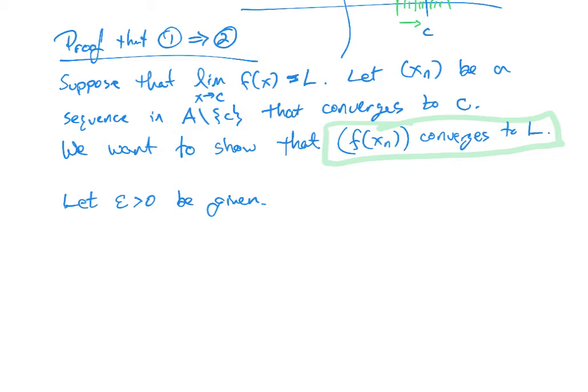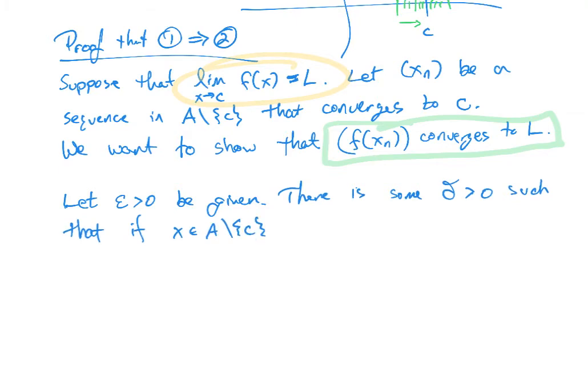Okay. Now we know that the limit as x goes to C of f of x is L. That means that there is some delta such that if x is a point of A that is not equal to C and it's within delta of C, then f of x minus L is within epsilon. f of x and L are within epsilon.